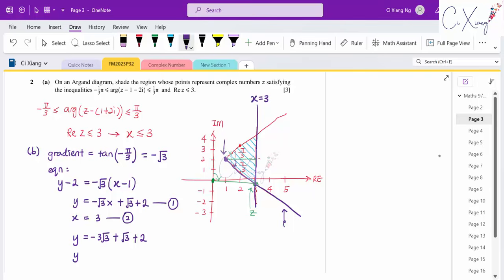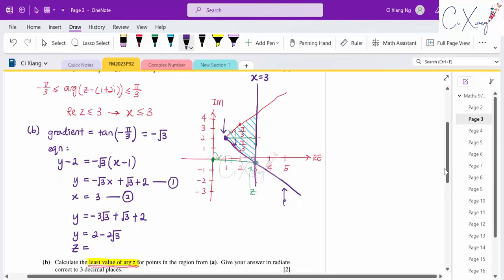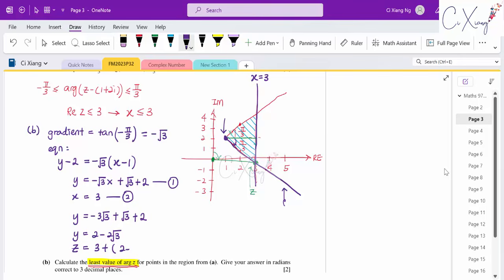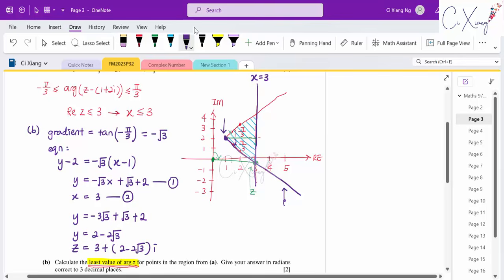And my y coordinate will be 2 minus 2 square root 3. Okay, so from here, we already know that our complex number z has the value x plus yi. So x is 3, then y is 2 minus 2 square root 3, and then i. This is the coordinate, or the complex number of z, where it is the intersection point shown in the diagram.